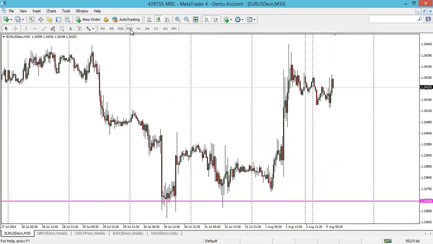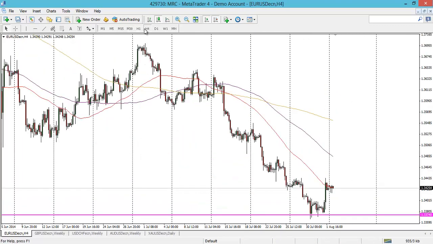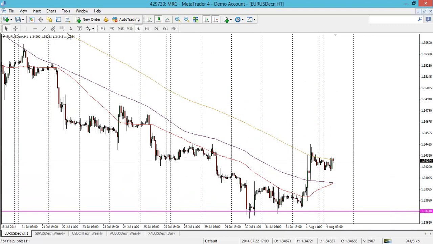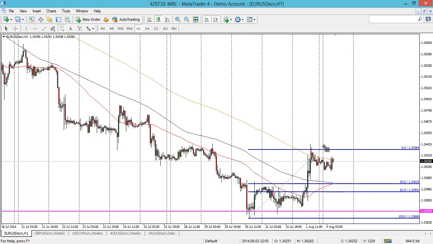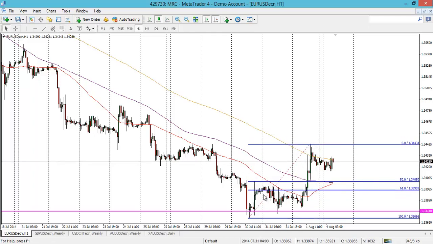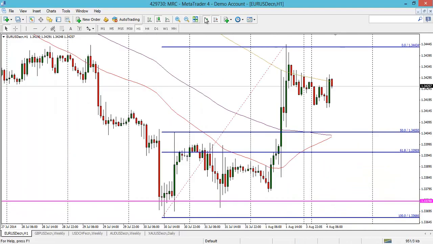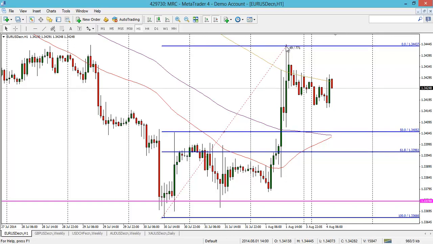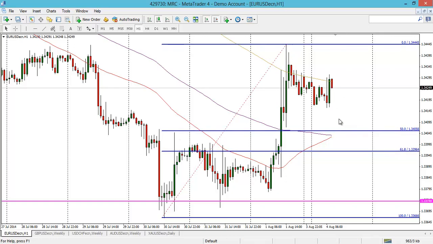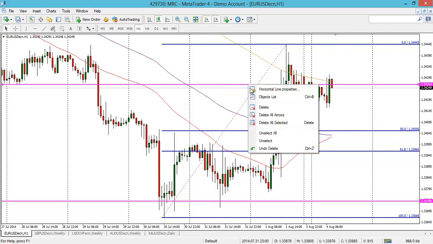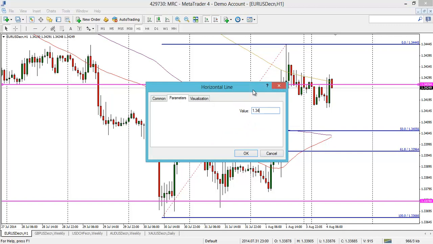It's tricky to point out any key fib, but in terms of this 1 hour, I'd personally look at that low there. Interestingly, the 50% coincides with that previous high there, pretty much to the pip. So if it does start to flag down, which it is currently doing, then I'd keep an eye on that 50%, and that coincides with a nice round number, being the 134 marker.